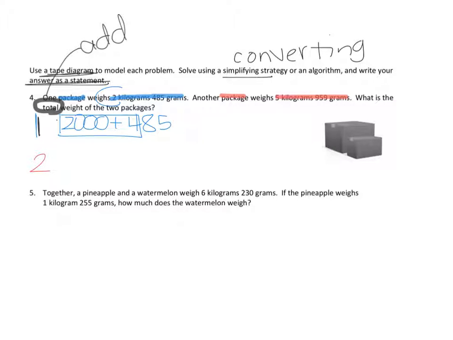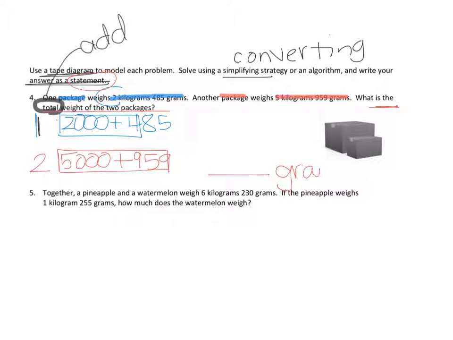It says 5 kilograms, so that's 5,905 grams. So all you're going to do is add all of this up to find the total. And remember, you do want to have a statement. So the total weight of the two packages is blank grams. But the whole sentence.